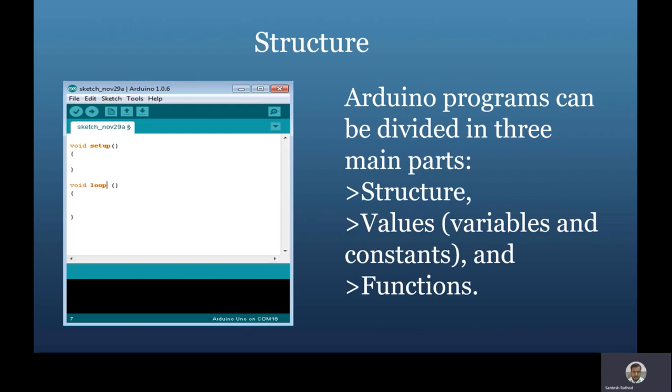Suppose you are working on a project wherein you want an LED to blink after a particular interval of seconds, then you can put that into the loop. So it would allow your program to change and respond. It is used to actively control the Arduino board.